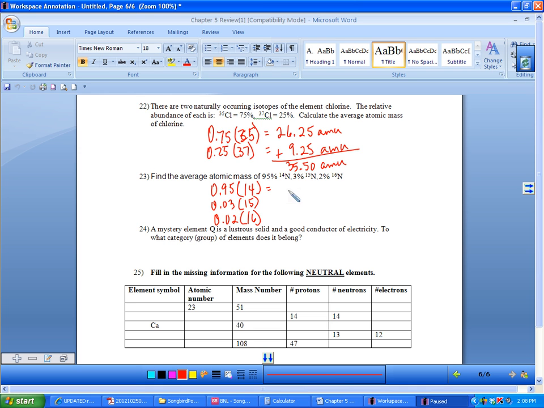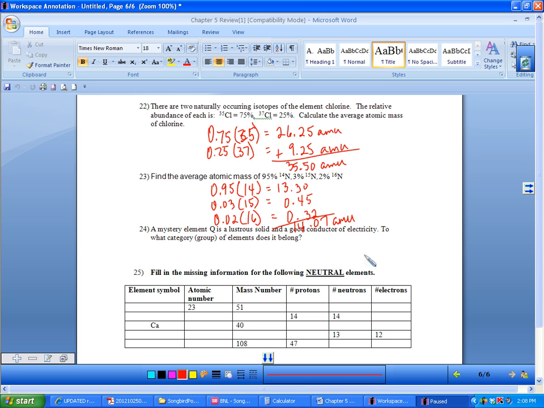So I multiplied 0.95 times 14, and when I did that, I got 13.30. And then I multiplied 15 times 0.03, and I got 0.45. And then 0.02 times 16, and I got 0.32. And when I added those, I got, okay, let me see if I can do this. There's a 7 there, a 0 there, a 14.07 AMUs.